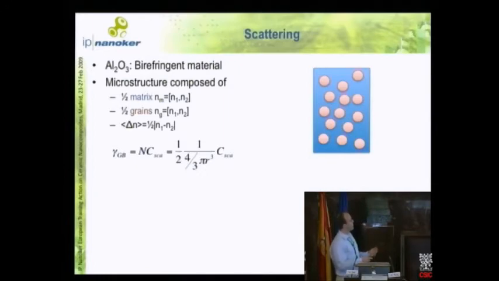For a birefringent material, what Apetz and van Bruggen suggested is to construct a matrix of particles, where we have particles of a certain refractive index sitting in a matrix of a different refractive index. We can then work out the average refractive index change at the grain boundary, and we can predict this scattering coefficient as a function of the volume fraction, the volume density, and the scattering cross-section for a single particle.